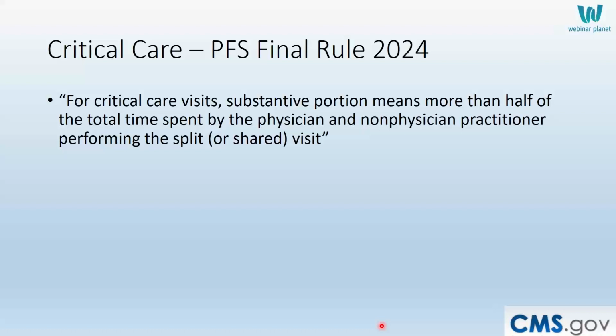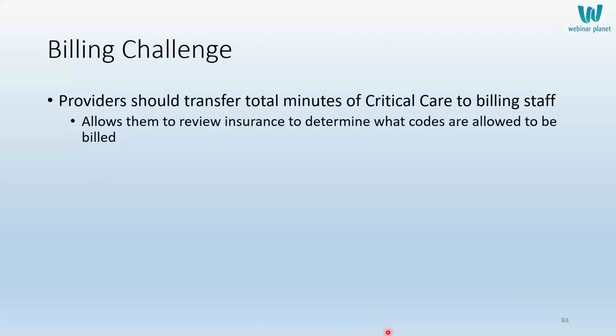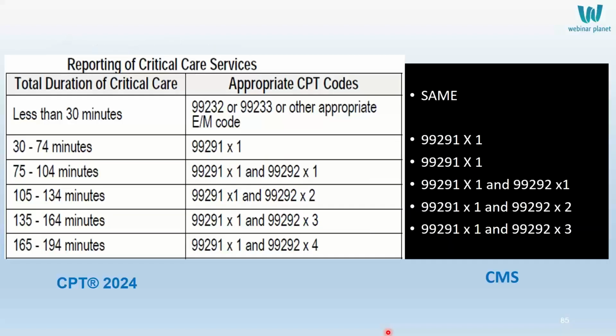So the physician fee schedule final rule for 2024 says for critical care visits, the substantive portion means more than half the total time spent by the physician or non-physician practitioner performing the visit. Pretty straightforward on the time element there. But the billing challenge we have with critical care is we have two different references of when do we use that second code.